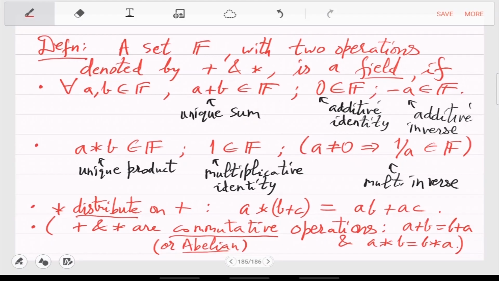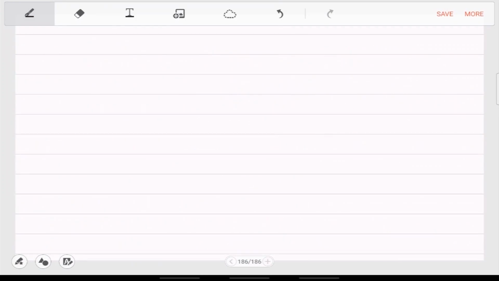But anyways, to give examples of this, what are the examples of fields? So F equal to, the smallest field you can think of is what? Yes, that's a fair field.